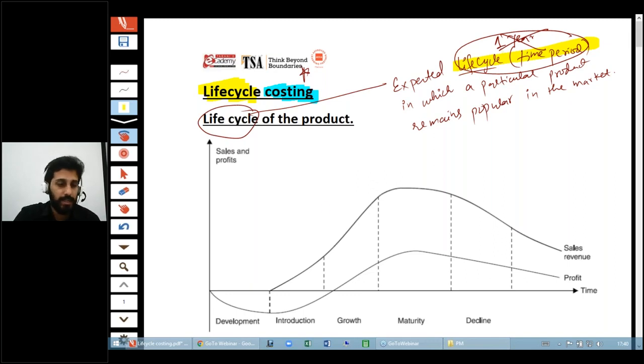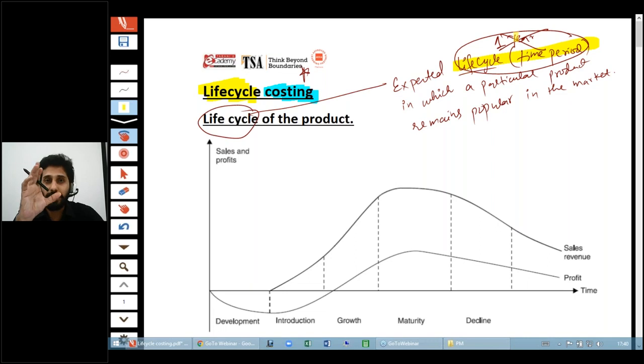These are the general stages of the life cycle. It is not 100% sure that every product reaches all the life cycle stages. These are simply the expected stages, and these are not even a number of years.